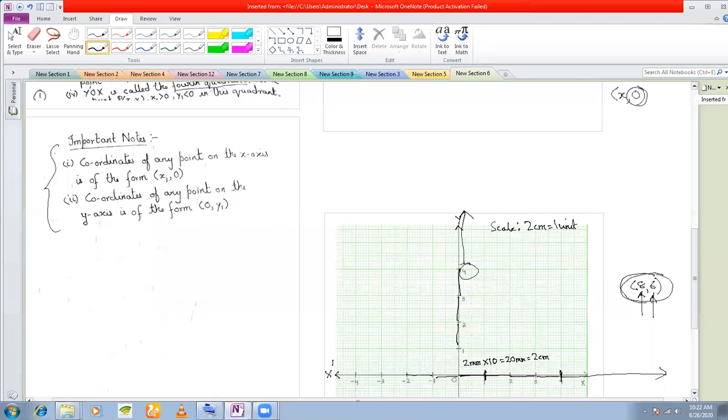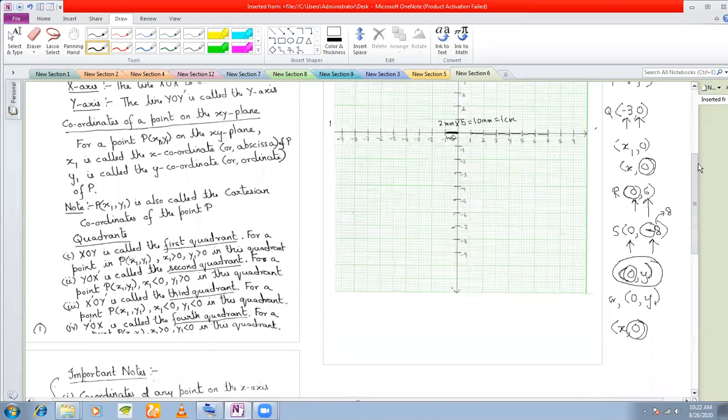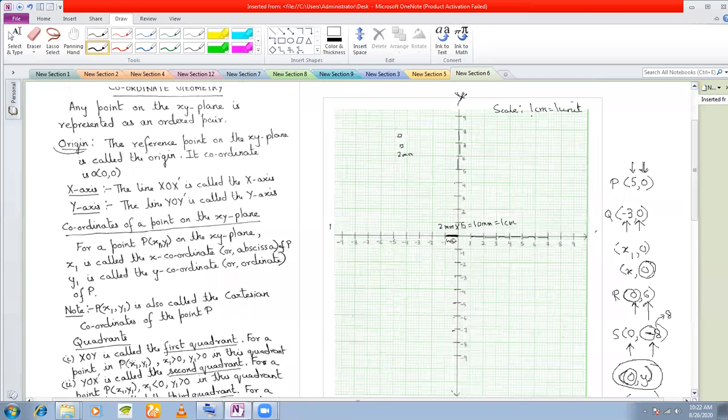8, 6 you cannot locate in a 2 centimeter is equal to 1 unit graph paper, but definitely you can locate here. In a 1 centimeter is equal to 1 unit graph paper, you can locate 8, 6. How do you locate 8, 6? You move 8 units here. Okay, stop here. And then you move 6 units here.